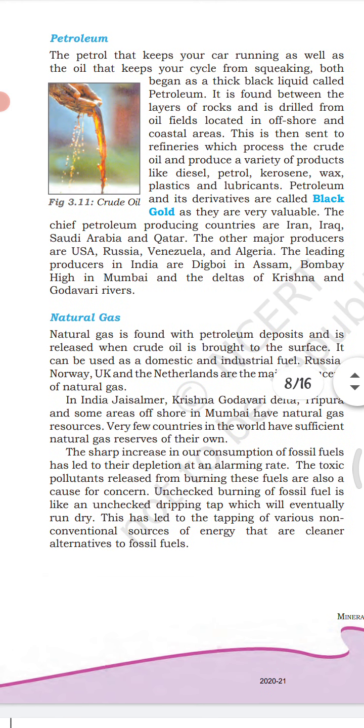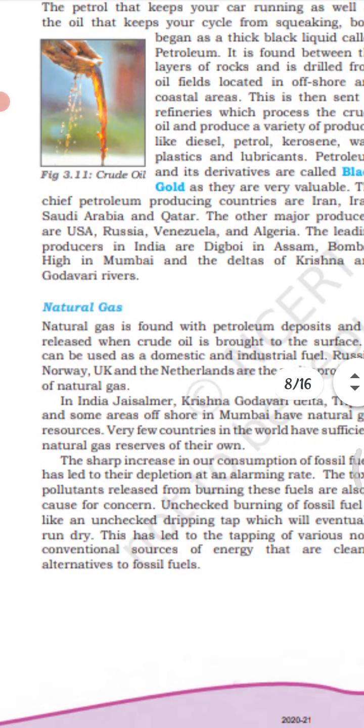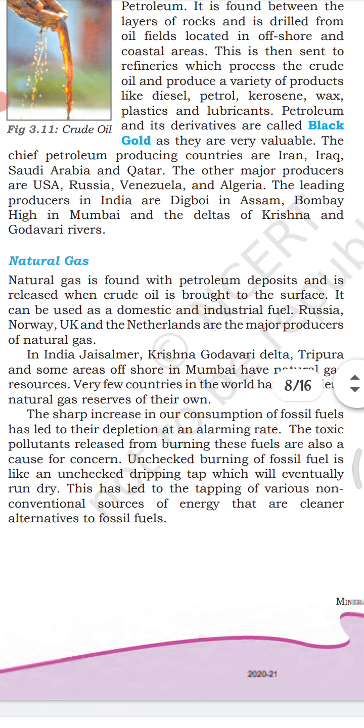And it is also called black gold, as it is very valuable, costly also. We discussed some of the important areas of the world where it is found, and some areas of India like Digboi in Assam, Bombay High in Mumbai, and deltas of rivers Krishna and Godavari.